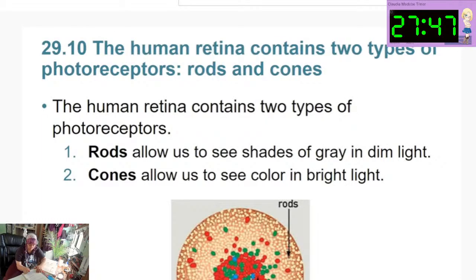So once the light is focused on the retina, we can start to look at the 4 steps of perception. And so to understand reception, we need to look a little bit deeper into what these photoreceptors are.